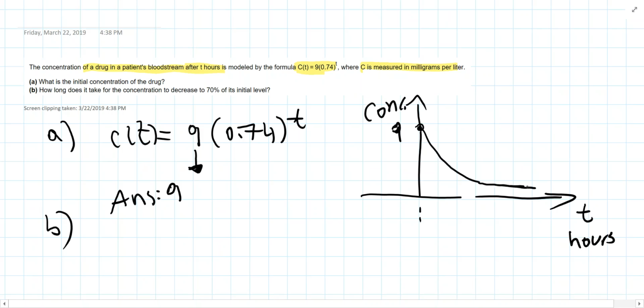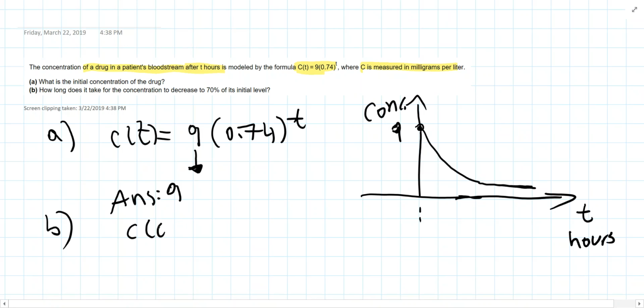So I'm interested to solve for the time. I'm interested to find the time T when the concentration decreases to 70% of its initial level. So what does that mean? I'm interested to see the time.